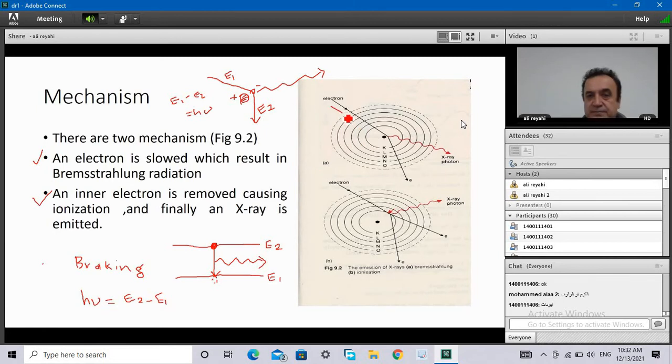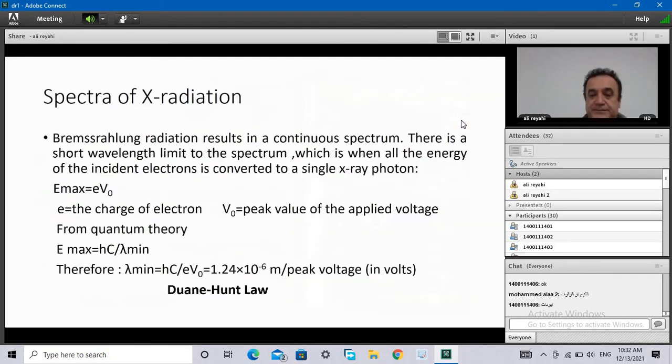This is when an electron directly strikes the nucleus of the atom and all of the energy is converted to X-ray. It is the most powerful, the most energetic X-ray, which is produced with the shortest wavelength. You know that when wavelength increases, the energy decreases, and when the wavelength decreases, energy will increase.